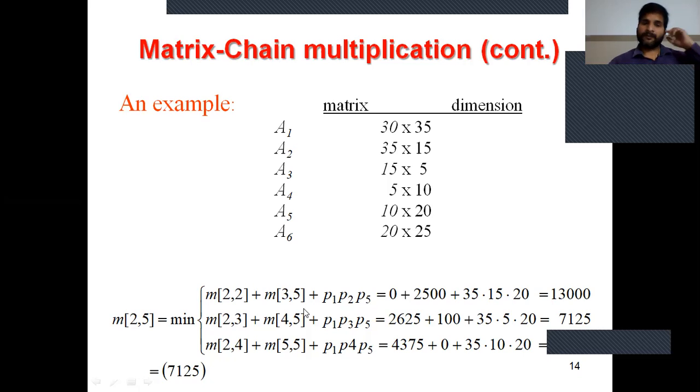We put the values of p1, p2, p5 from here and we calculate. Similarly, we calculate the value of M[2,3] plus M[4,5] plus p1 p2 p3 p5, and when k is 4, M[2,4] plus M[5,5]. After calculation of the three values of M[2,5], we find the smallest value. The smallest value is 7125. So we put in matrix M[2,5] the value 7125 and the value of k equal to 3.